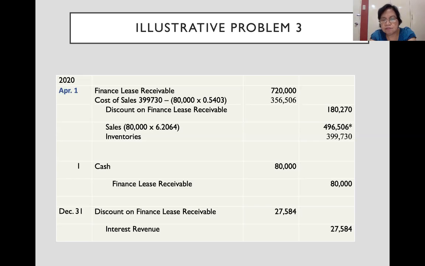Whereas if the residual value is unguaranteed, the present value of such unguaranteed residual value will be considered as a deduction adjustment from cost of sales. However, whether the residual value is guaranteed or unguaranteed, your financial asset, finance lease receivable, will be recorded just the same, including the guaranteed or unguaranteed residual value.